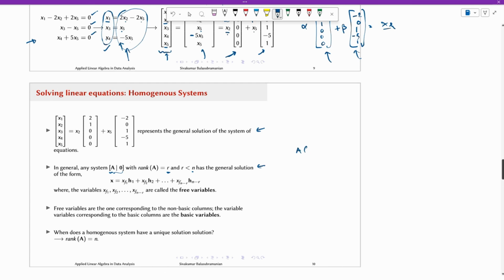Well, A is assumed to be m cross n. Okay. The homogeneous solution in general will look like this. It will be a linear combination of a bunch of columns, and the number of columns you will have will be number of columns of the matrix minus the rank.